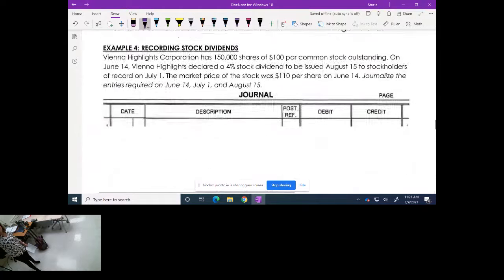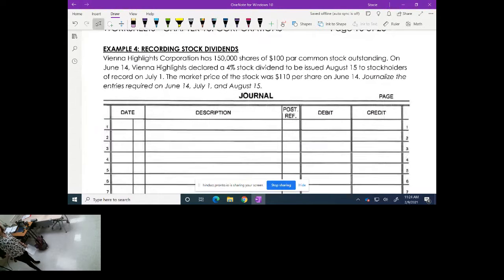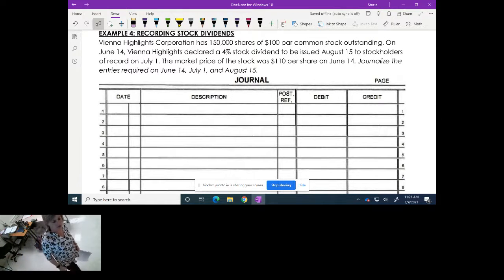Okay. So here's another example of recording stock dividends since it's different. It's a little more complex. We have this company named Vienna Highlights Corporation. They have 150,000 shares of $100 par common stock outstanding. It's a lot of words.